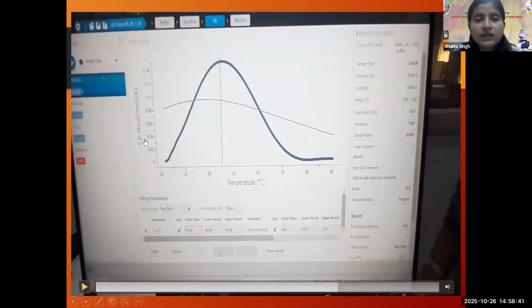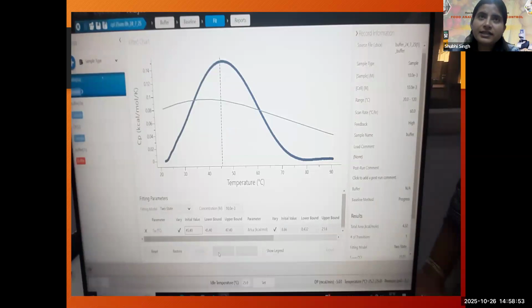The graph is depicting the thermogram, in the form of CP versus temperature. So we can interpret the graph in two ways. Either this monitor will give the graph, or we can take the raw data and plot it in Origin software.